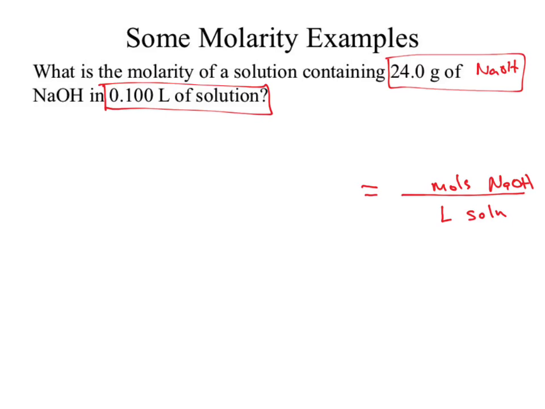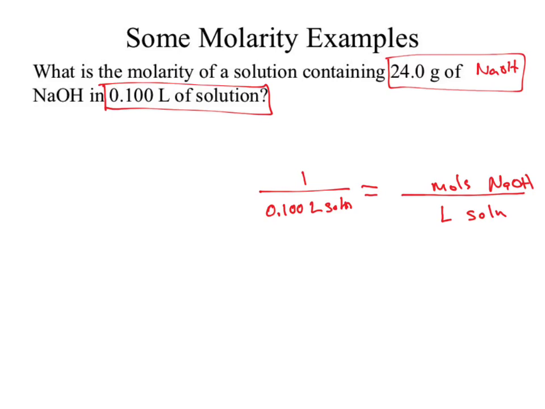You have the liters of solution. Where should the liters of solution show up? In the denominator. Why? Because for what I want, liters of solution is in the denominator. What shows up in the numerator? 1, because that is the single piece of information. Okay?